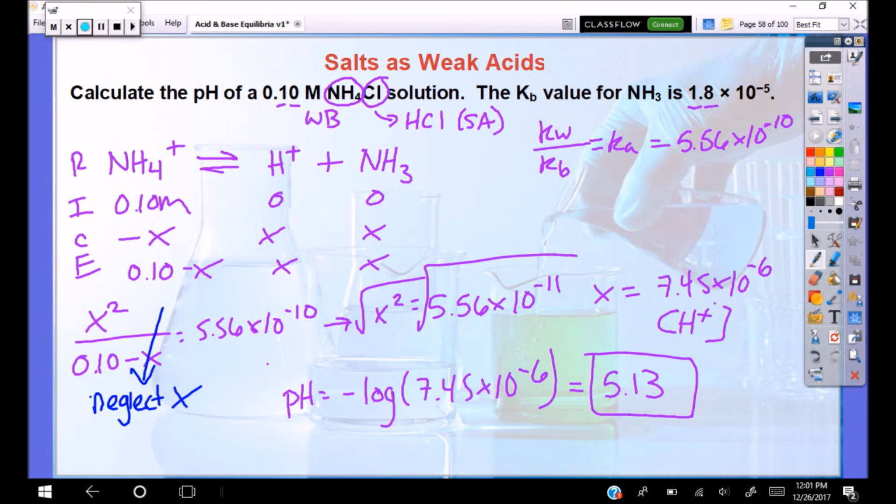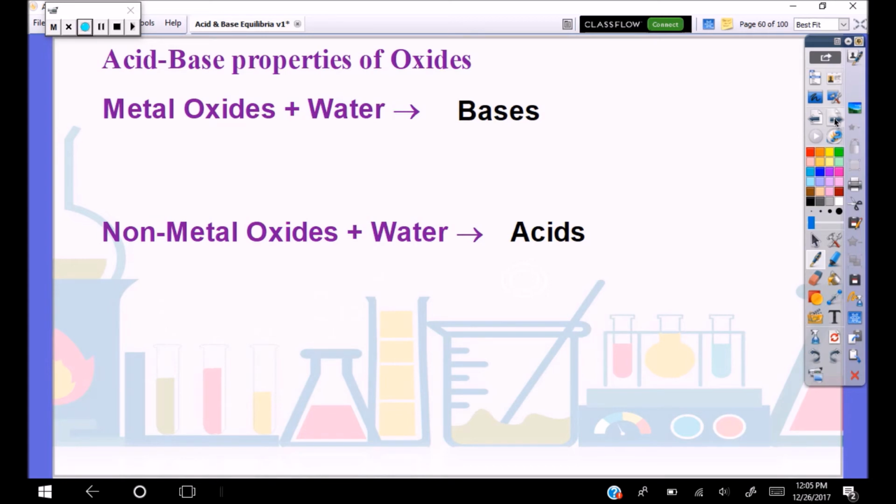Hopefully I've mentioned that before. If I haven't, now you know. Make sure the sig figs are appropriate.